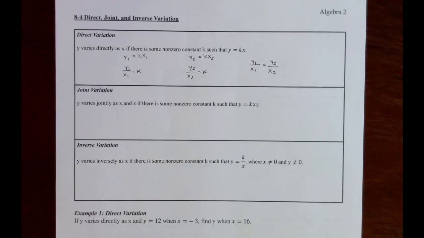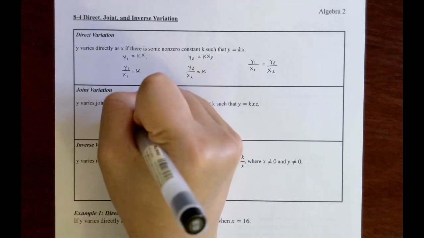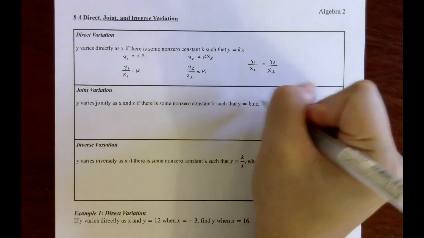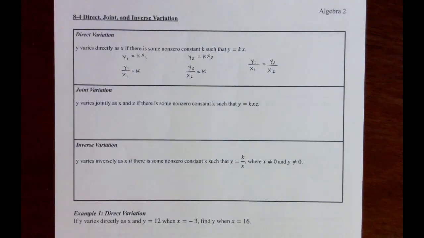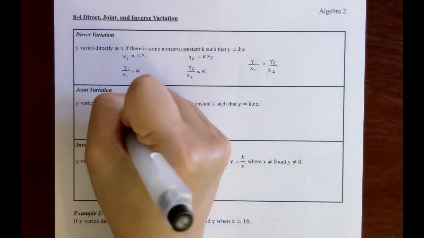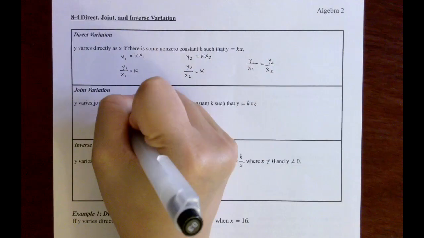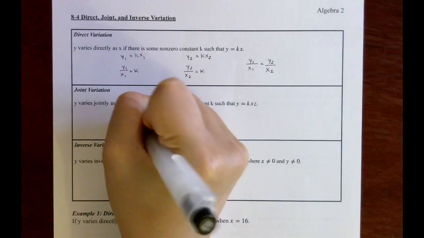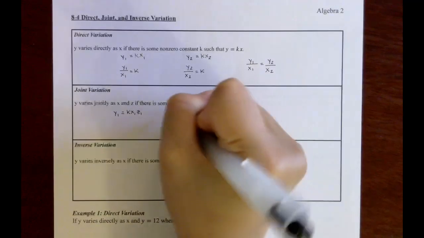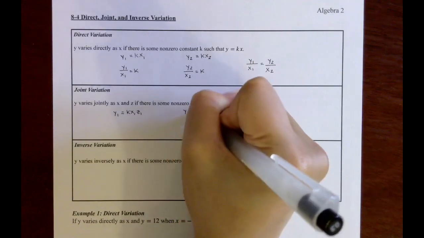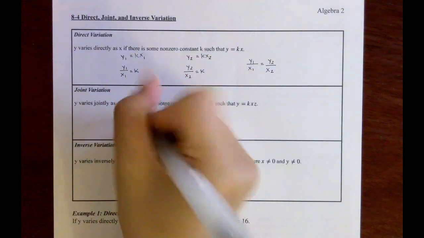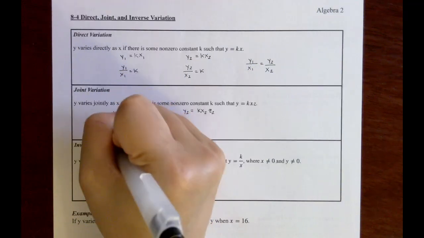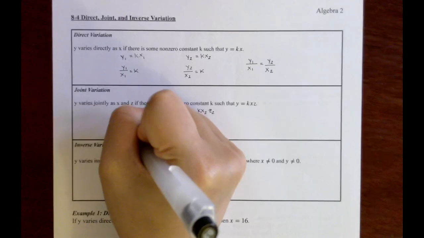Okay? So joint variation would be the same thing, right? So if it's y equals kxz, k is known as our constant of variation, right? So if we had one of the triples, so y1 equals k x1 z1, and the other one would be y2 equals k x2 z2, we can solve for k by dividing by the x1 z1.